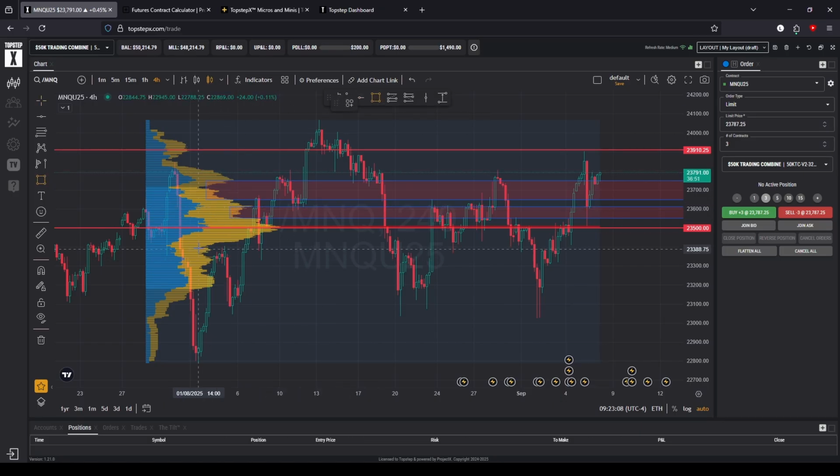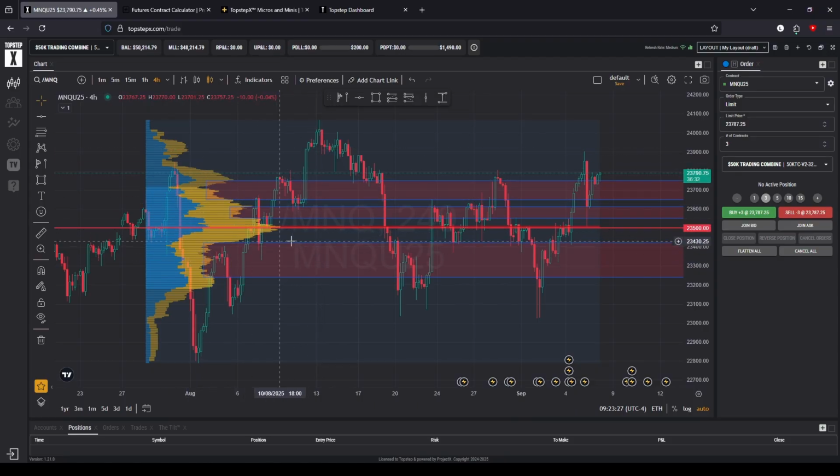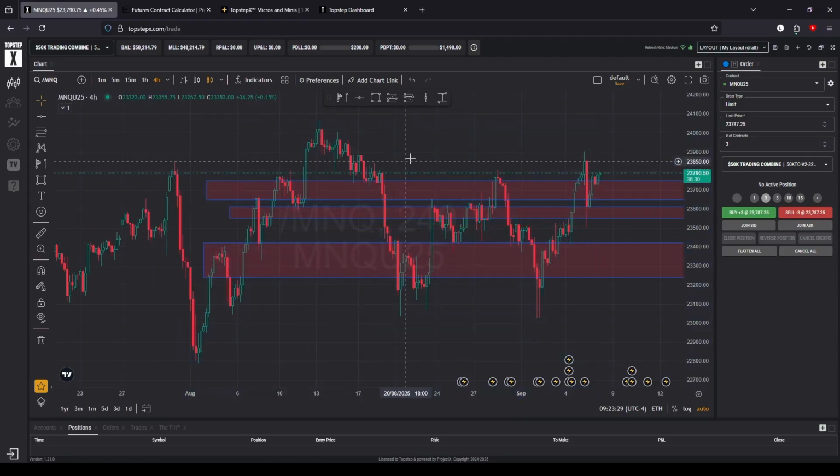I don't really need to draw the ones down here because I doubt the price is going to go so low in such a short time span, like in 1 day. But I'll just block it out just in case, so that if it gets here, then we can plan for it. And then I'm just gonna get rid of these to make it a bit cleaner.